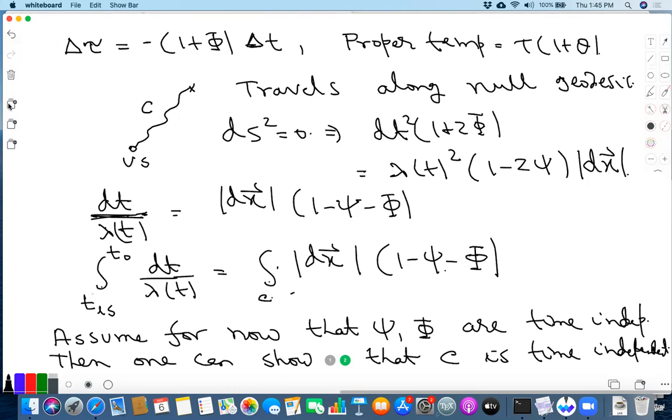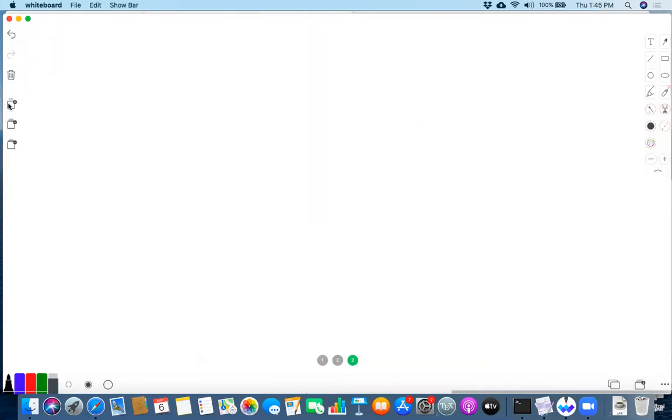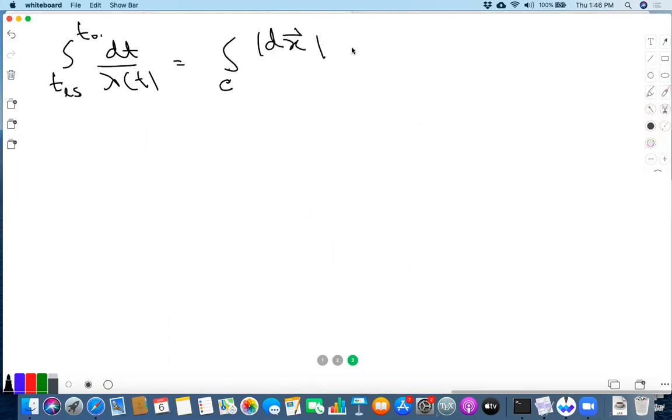And we will see how we can make use of this in the next slide. So let me write this equation again. So the integral from t LS to t naught of dt over lambda t is the integral over C of mod dx times 1 minus psi minus phi. And psi and phi could in general be x dependent.